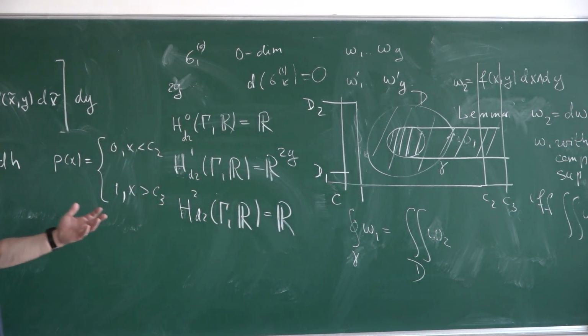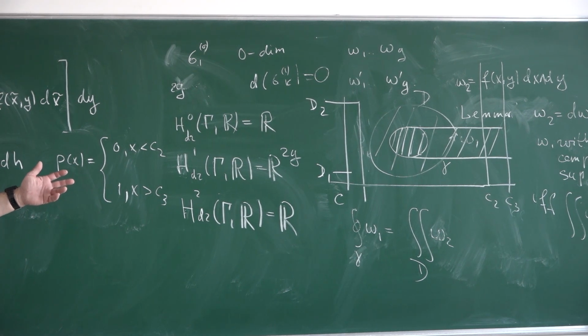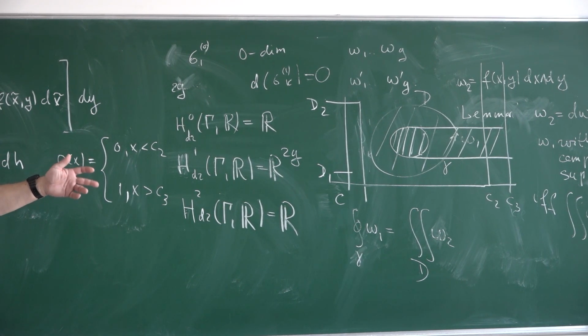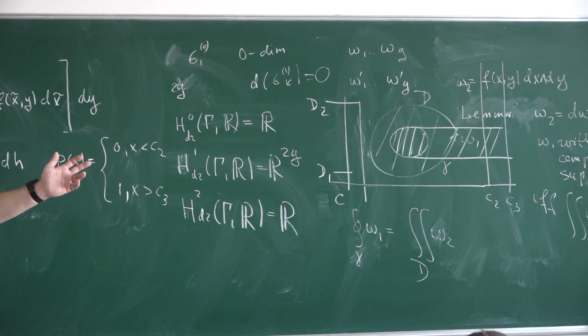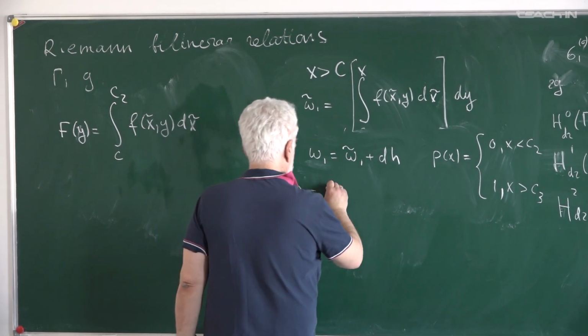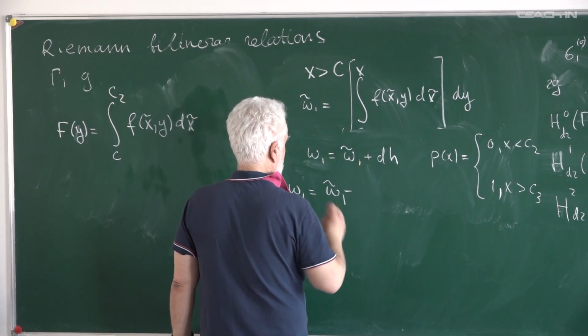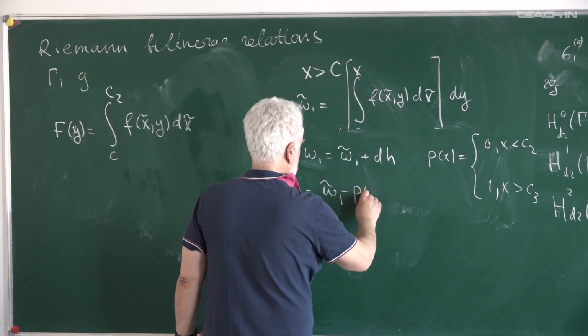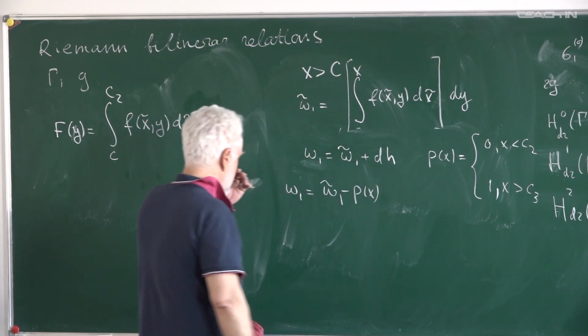So the co-support is inside the square. Let me define h, omega. Let me write the formula. Mu of x.